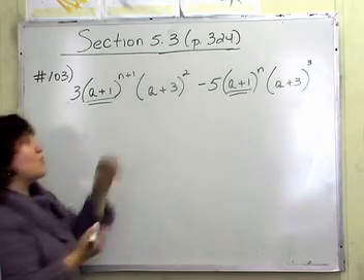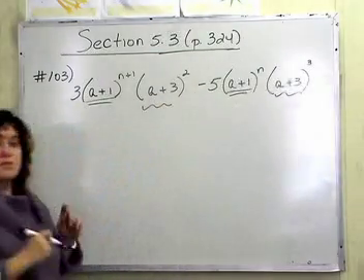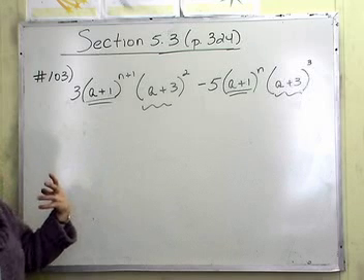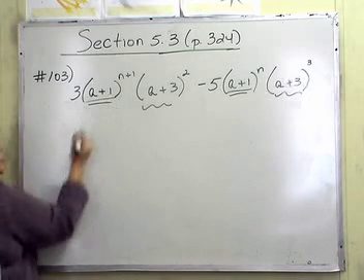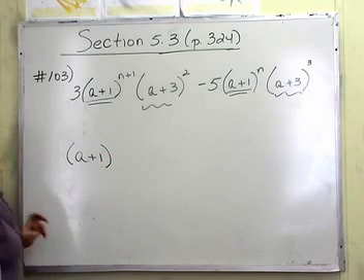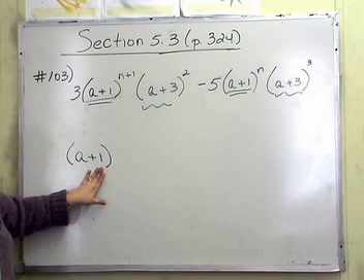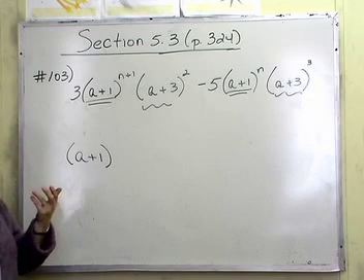We also notice that we have a plus 3 in both terms. So we are going to take the approach of a greatest common factor. Let's look at the a plus 1. You always want to factor out the one with the smallest power.